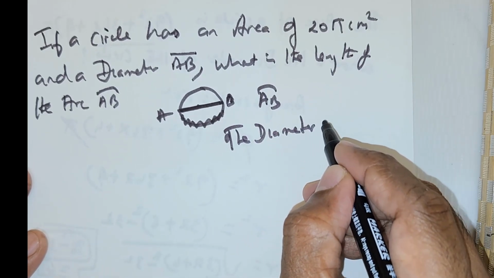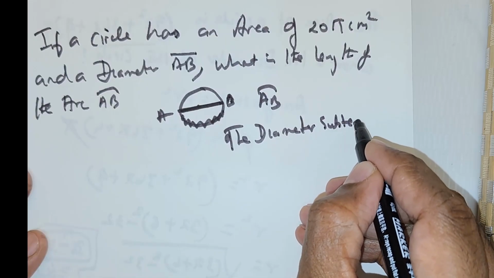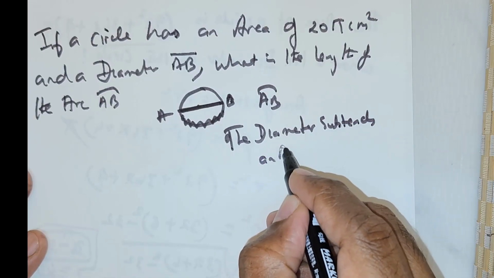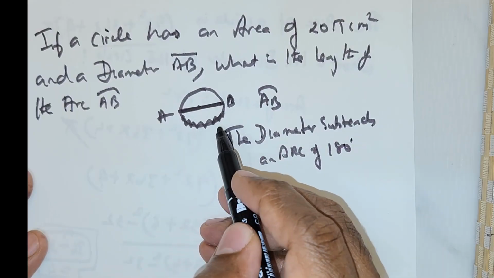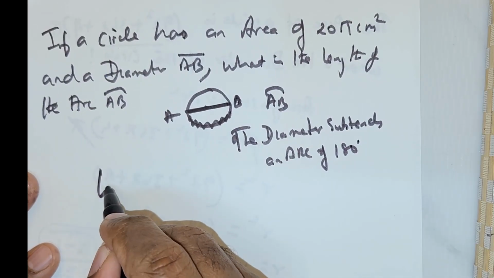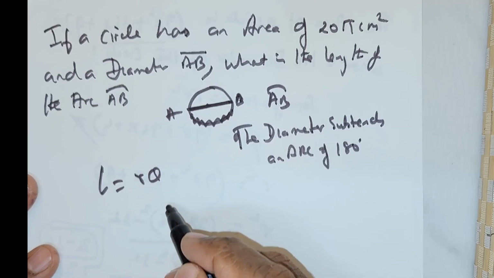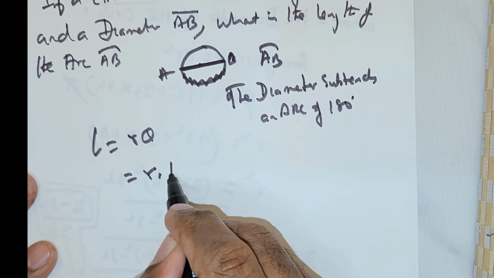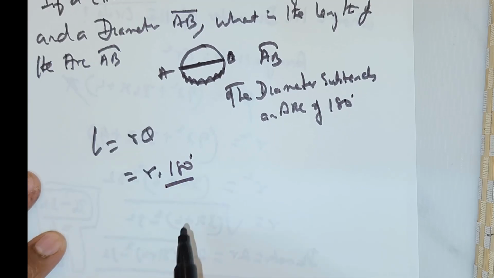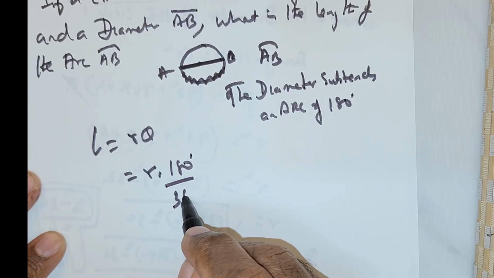The diameter subtends an arc of 180 degrees. Okay, so the length of the arc L is given as r times theta, which is nothing but r times 180 degrees divided by 360.